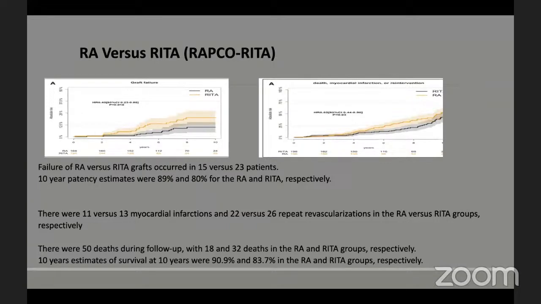There were 11 versus 13 myocardial infarctions and 22 versus 26 repeat revascularizations in the radial artery versus right internal thoracic artery group, respectively. There were 50 deaths during follow-up, with 18 and 32 deaths in the radial artery and right internal thoracic artery group, respectively, and 10-year survival estimates were 90.9% and 83.7% in the radial artery and right internal thoracic artery groups.